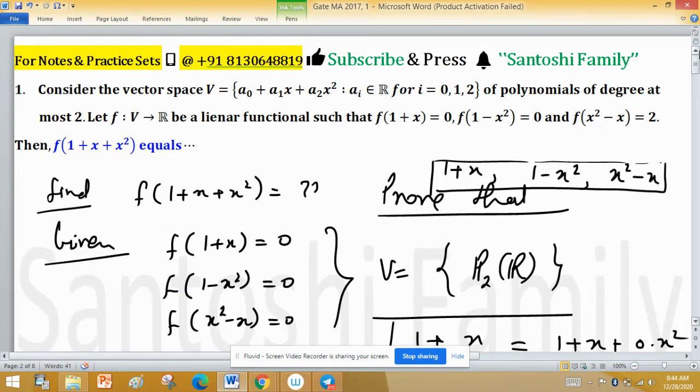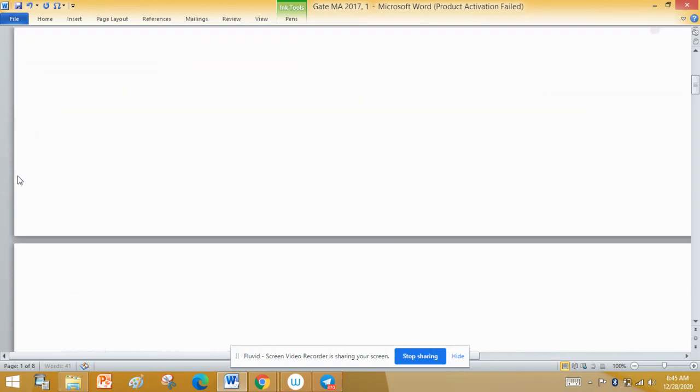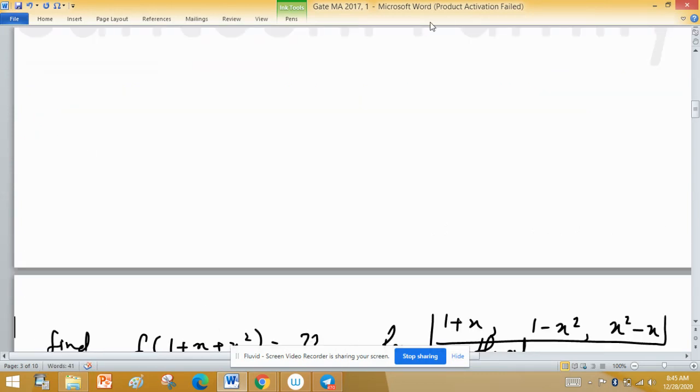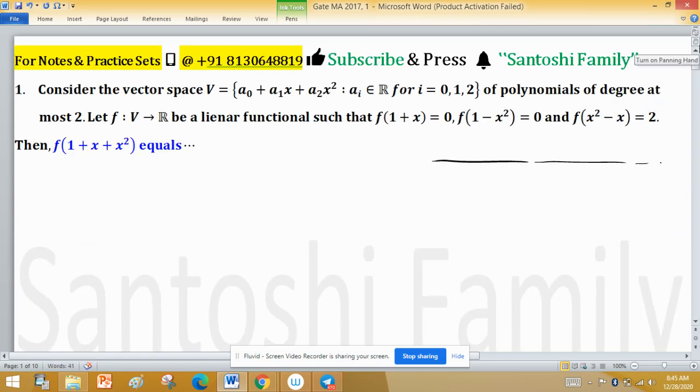But there is a short technique, and I am going to tell you how to solve this problem technically, so the answer of this type of question comes within 1 or 2 minutes. Now there is no need to check whether these are linearly independent or dependent.